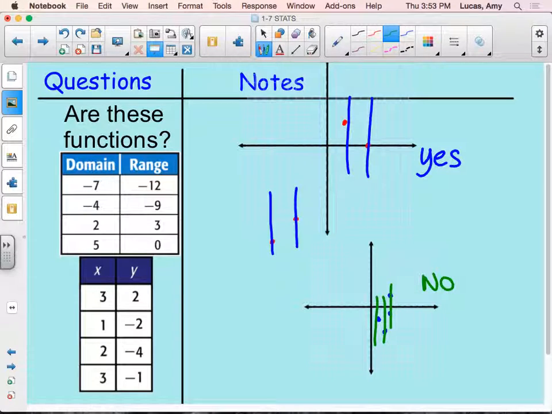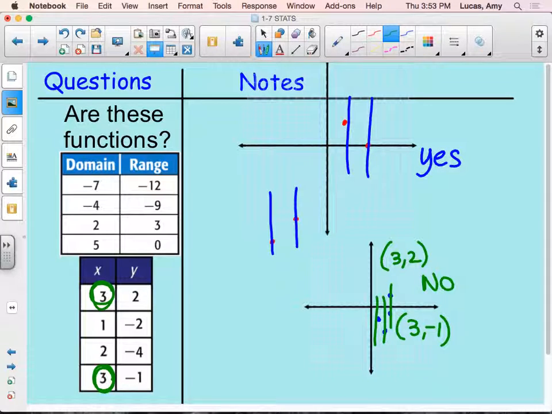Now, if we go back to the table, I want you to notice what caused that to happen. Those 2 points were 3, -1, and then 3, 2. So what they had in common was they had the same number in the domain.